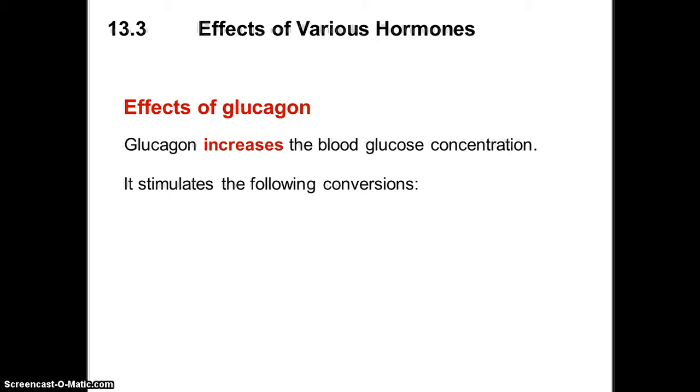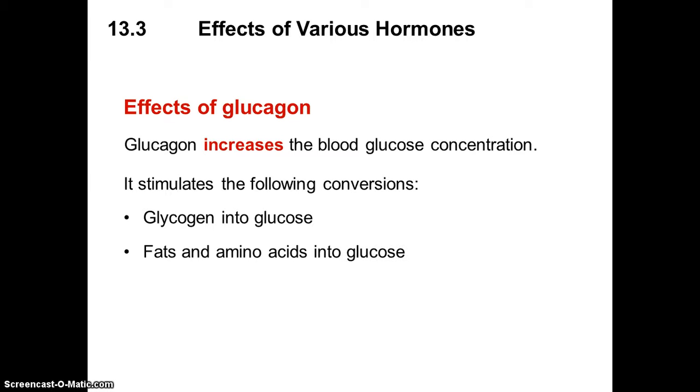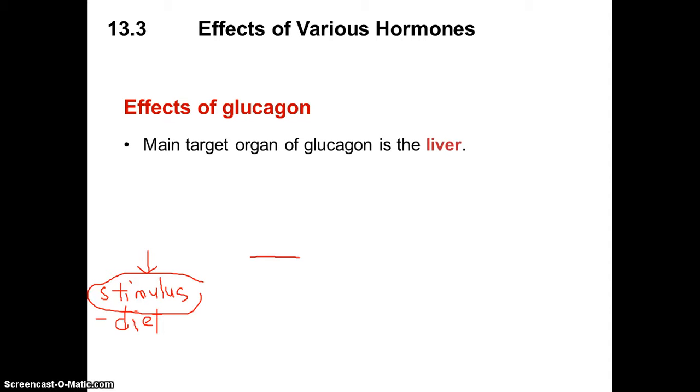It stimulates the following conversions: converting more glycogen into glucose, more fats and amino acids into glucose, and also lactic acid into glucose. The main target organ of glucagon is the liver.